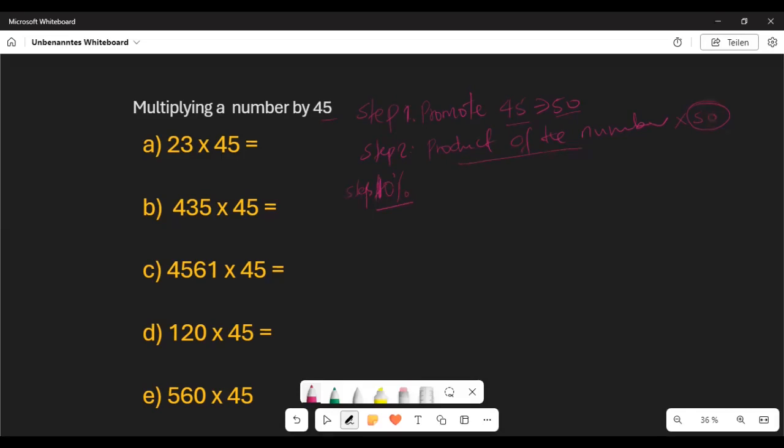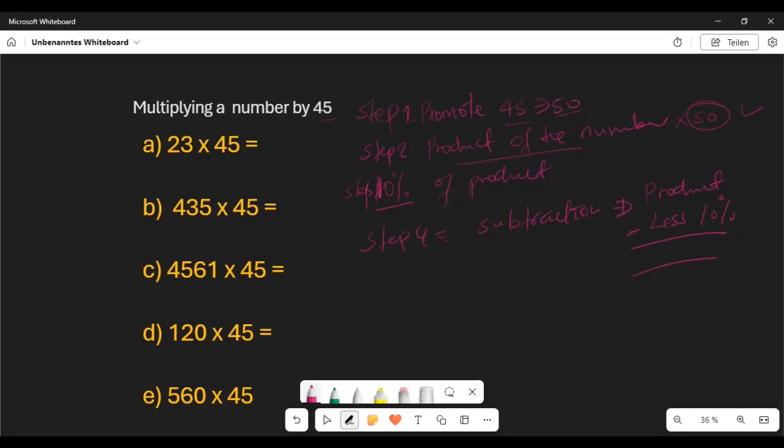And the last step, step 4, is subtraction, where we take the product in step 2 and we less the 10% that we get. And the answer will be our answer.